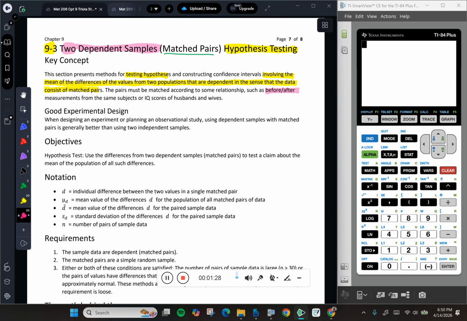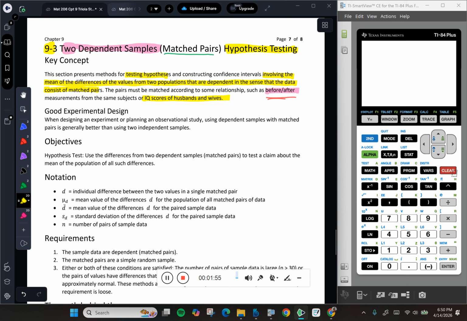There also could be scenarios where the matched pair nature could be something like, is there a relationship? Do husbands and wives tend to marry people with the same IQ? Do they tend to marry people with the same educational level? That sort of thing, where you could have matched pairs in different scenarios. But most of these tend to be the idea of the before and after, right?